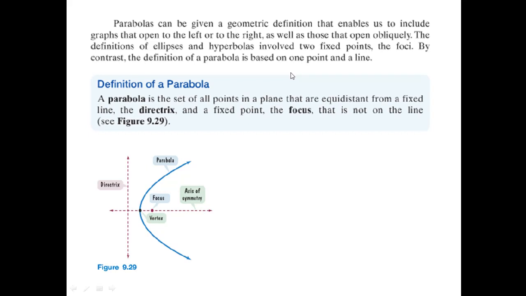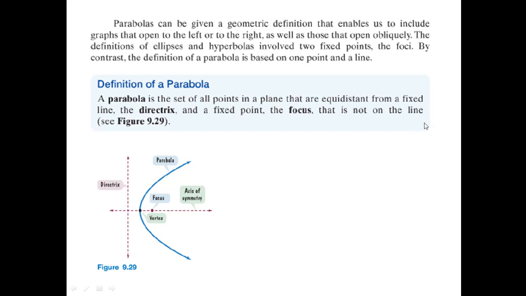That one point, of course, is going to be the focus, and the line is going to be what's called the directrix. And here's a drawing of it right here. And here's the definition: a parabola is the set of all points in a plane that are equidistant from a fixed line, the directrix, and a fixed point, the focus, that is not on the line.